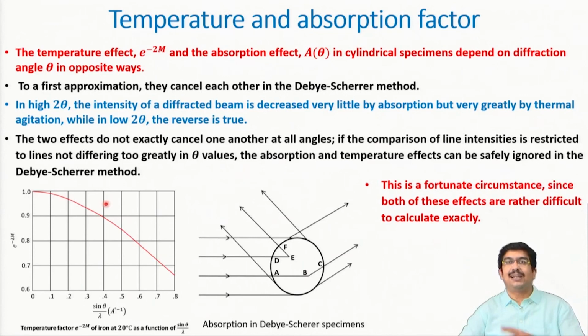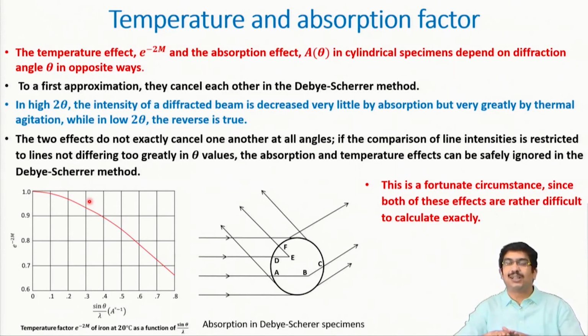On the other hand, the absorption factor is more effective on the lower 2 theta beams rather than the higher 2 theta diffracted beams. So, the absorption factor will cause more intensity decrease for a low 2 theta diffraction beam compared to a high 2 theta diffraction beam. What that means is that the temperature factor and absorption factor go in two opposite directions.